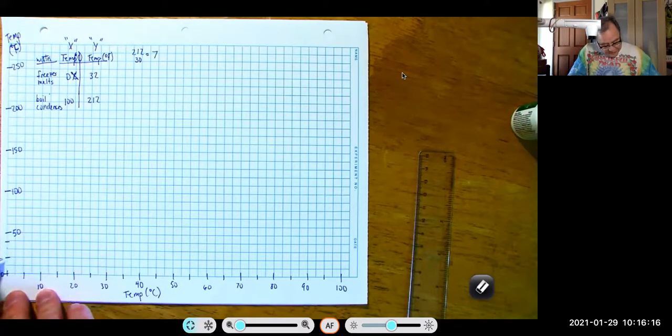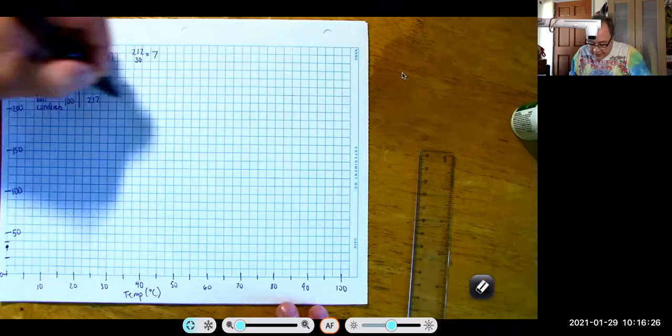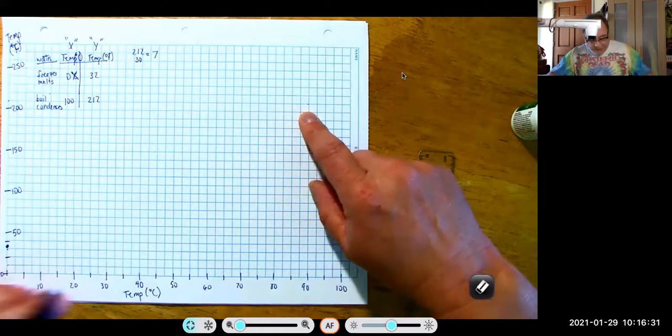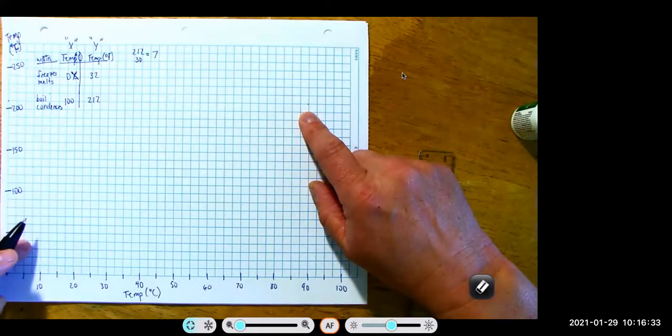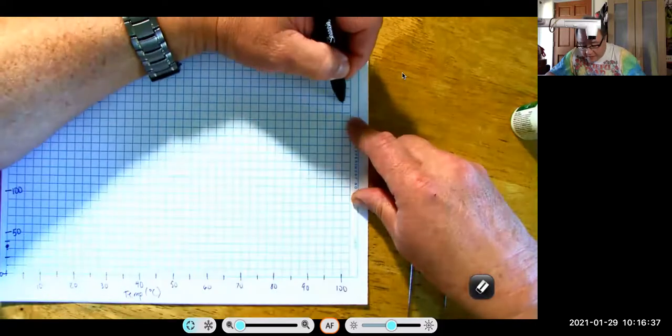So I know that this is 10, 20, 30. So 32 is about right there. And then 100, 212. I know that this line here is 210 because every line is 10. So 100, 212 is going to be about right here.